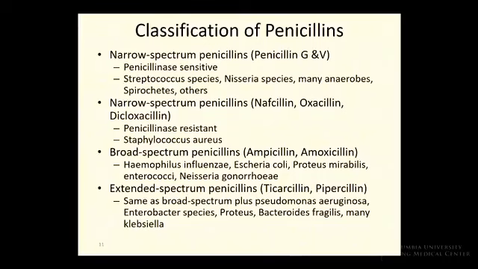But if you've got an infection that you're treating with penicillin, right, and it's an organism that should be sensitive to penicillin, and the penicillin's not working, it could be that this is a penicillinase-producing infection. And so you need to switch to potentially a different penicillin. Okay.